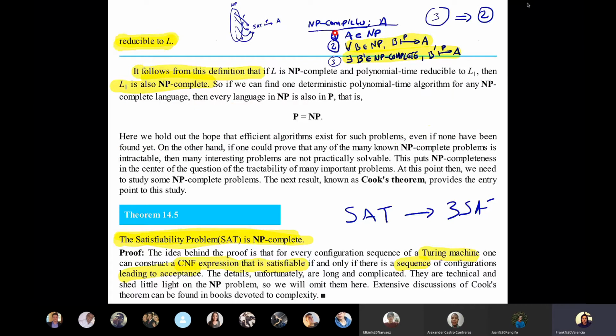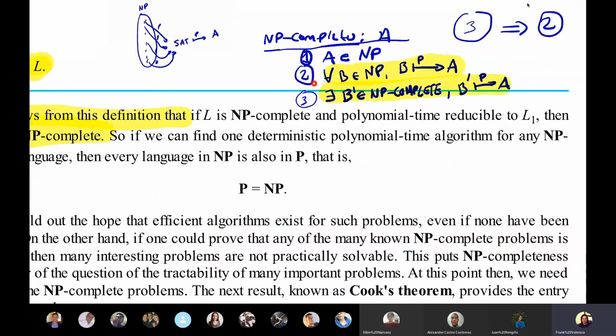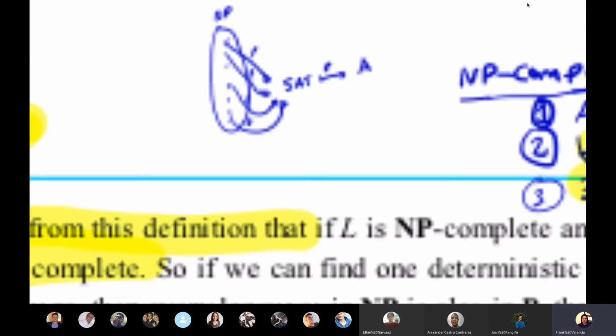But these two conditions are usually difficult to prove. Then you do it by reducing another NP complete problem to it in polynomial time.